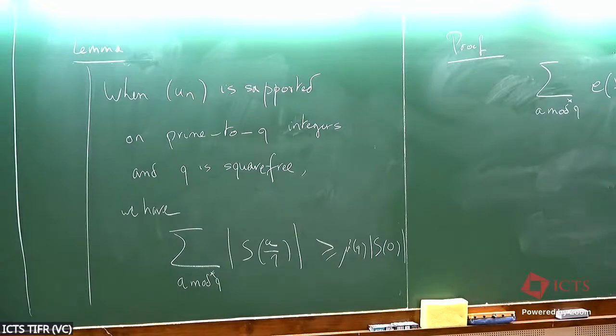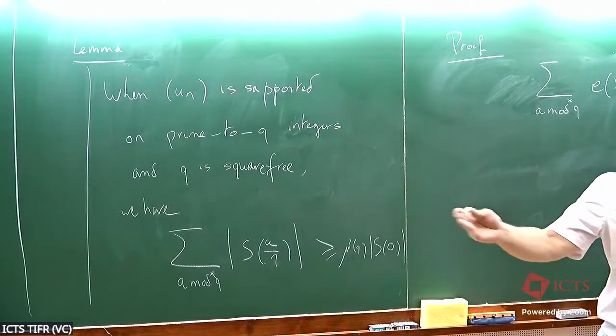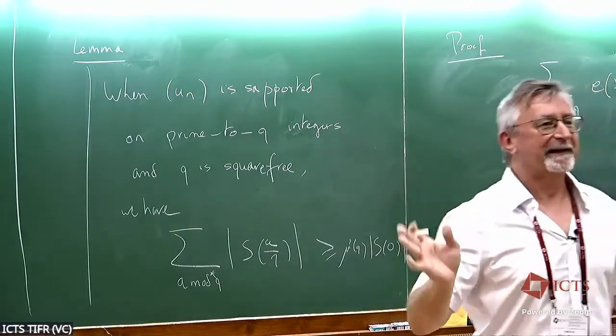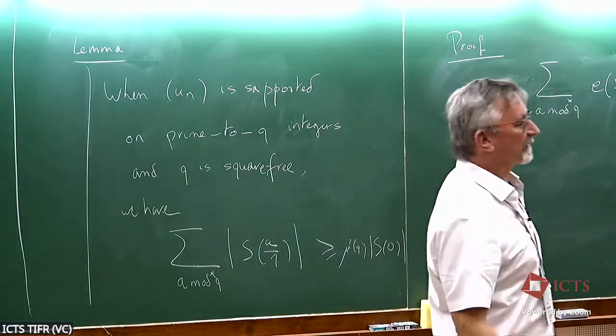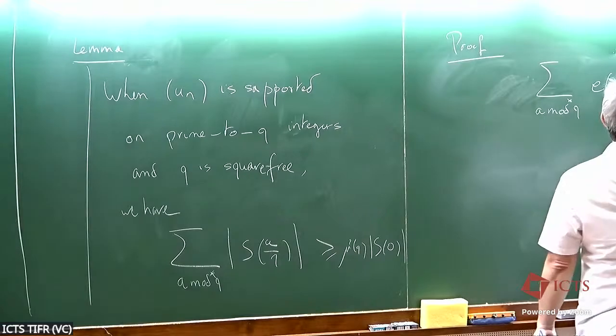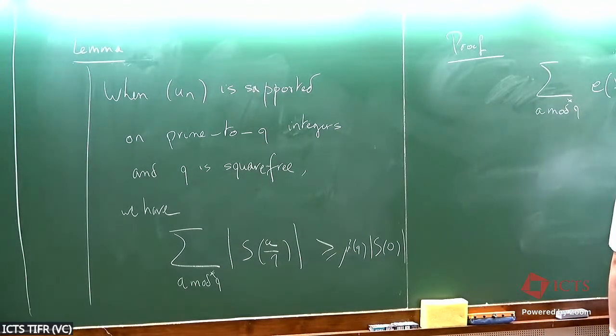Yes, mu of q. I had to talk about Ramanujan sums in India. Anywhere with primes, you always have Ramanujan sums. So you'll see that in my notes. Sometimes I defend them, but I use them so often.